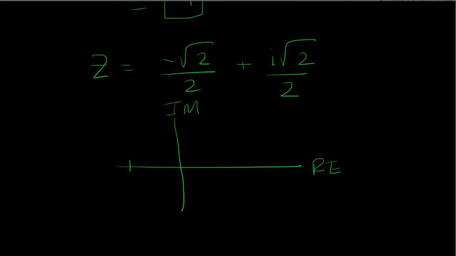So we'll go over here. And then we're going up root 2 over 2. And then we see, okay, where do these 2 points meet? Clearly it's over here. And so that distance is just 1.